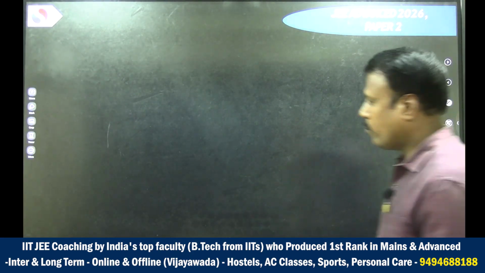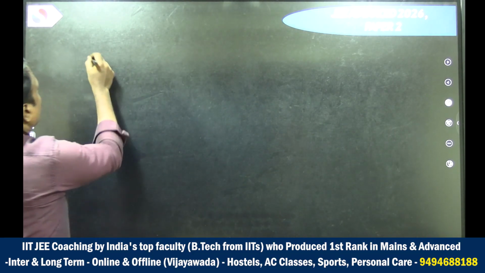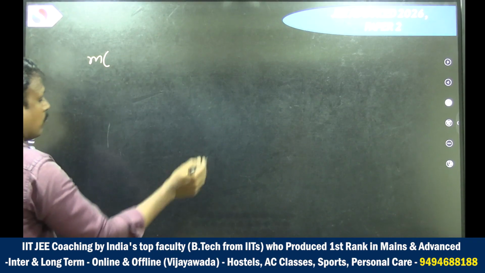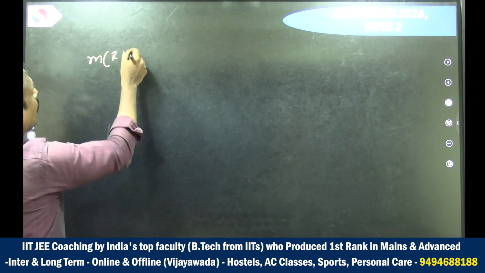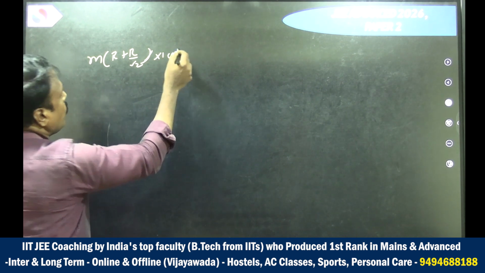Look here. Now, on the left hand side we have m into (R plus R by root 2) into 100.